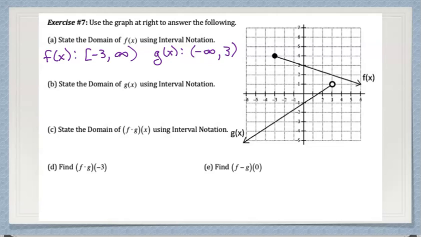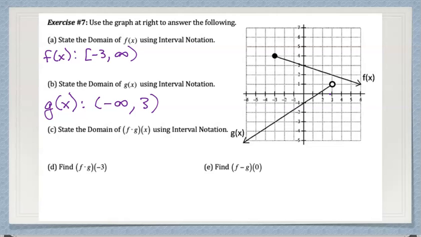Okay, I did both at the same time. We'll put g of x where it belongs. G of x is, what did I just say? Negative infinity, and then going up to 3, not included.